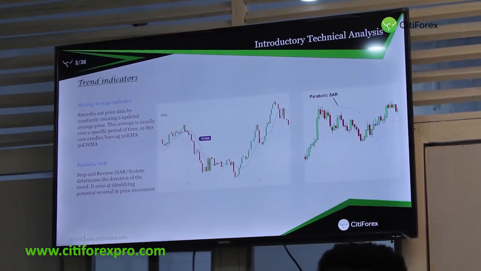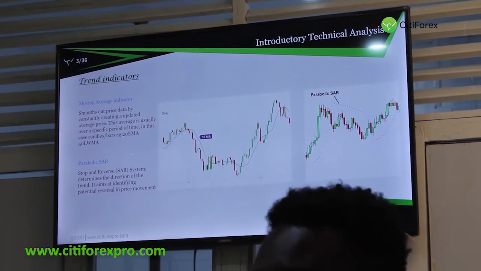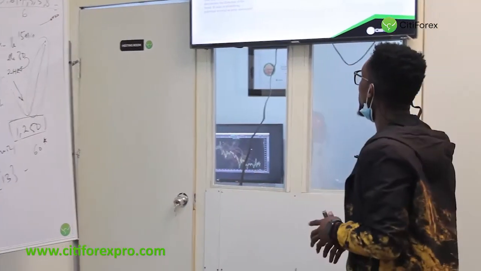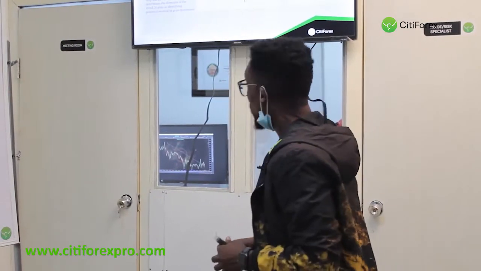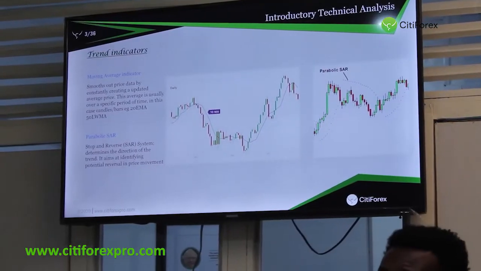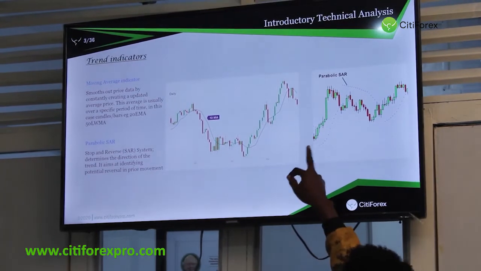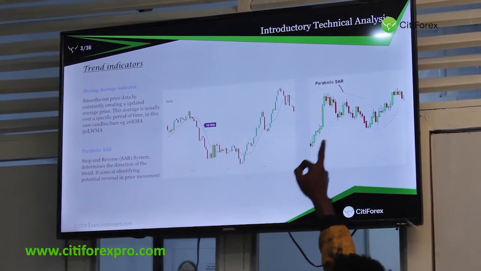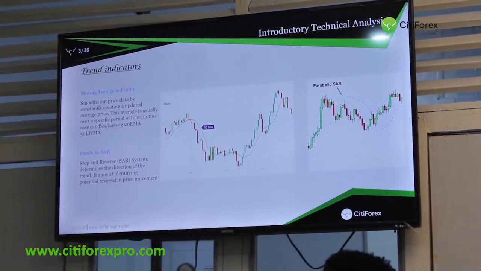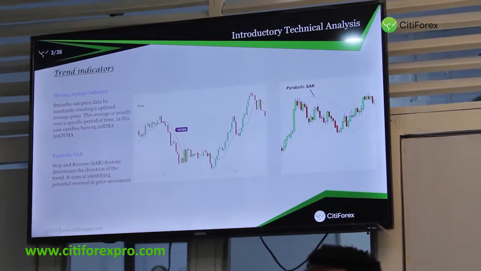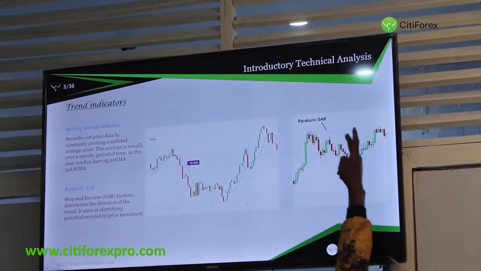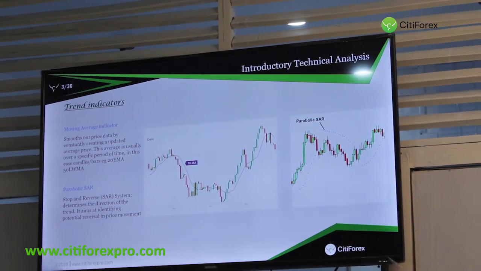So it shows you the trend. It's very simple, and then it's flattened out. This shows the trend. What they do is, if the dots are under, it shows that the market is buying. If the dots are above, it shows that the market is in a downtrend, it's selling.